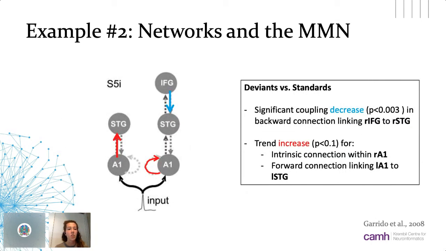And just zooming in on the winning model, the authors performed a post-hoc t-test on the B matrix, which Andreea talked about before. So these are the connectivity parameters between the regions, and basically found that the MMN could be explained by changes in the strength of these connectivity parameters, both between and within these cortical sources underlying the network.